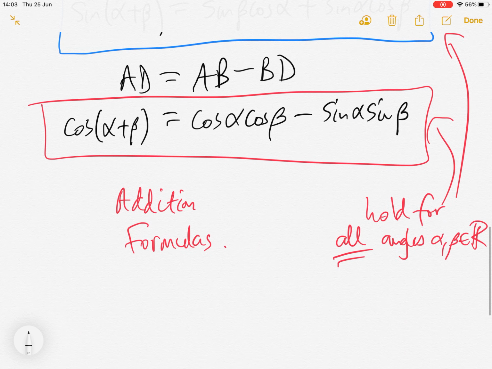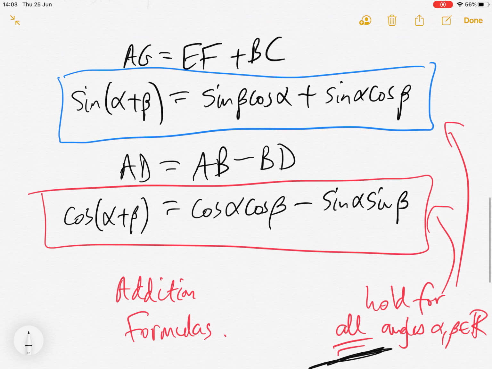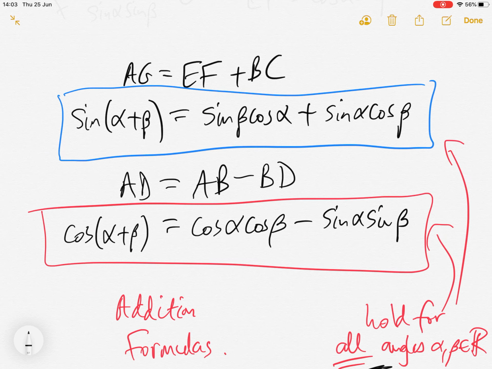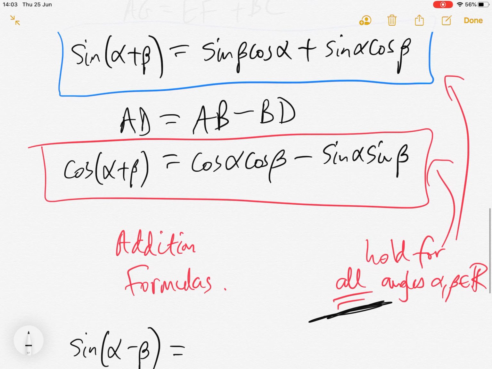But actually, we don't need to do that to prove them. If we make this assumption that I'm telling you is true, that they're true for all angles. So, in fact, if we wanted to work out the formula for sine alpha minus beta, we could replace the plus here with a minus. And then we replace beta everywhere with minus beta.